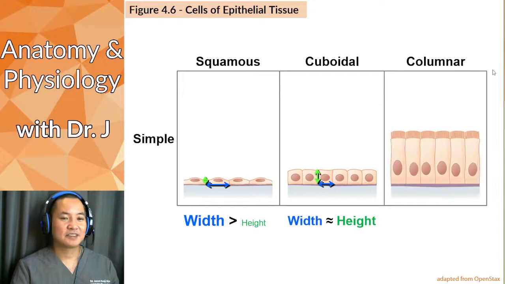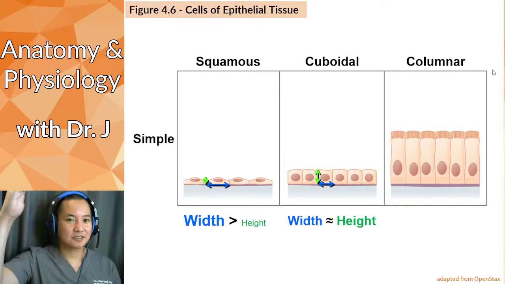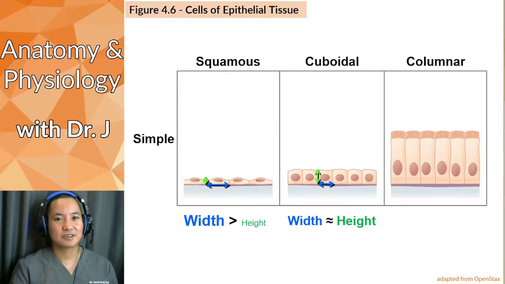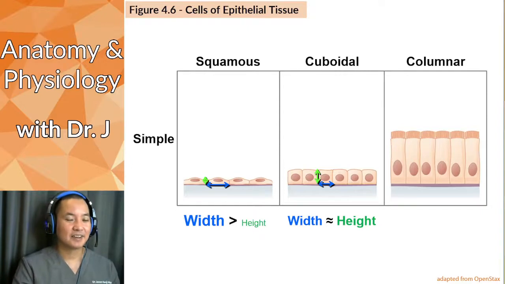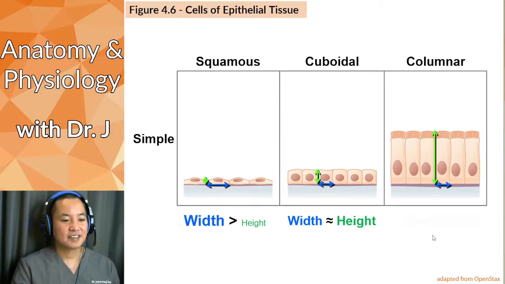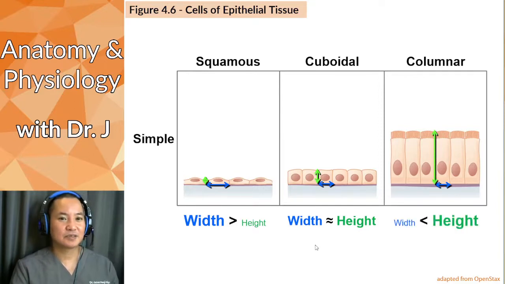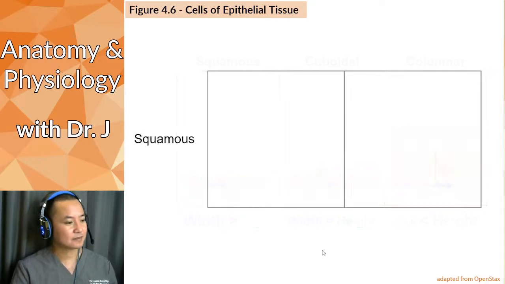Now with a columnar cell, a column is a tall structure, right? But is it going to be very wide? A columnar cell, instead of being flat, is going to be taller than it is wide. And that's the general difference between these three simple shapes of epithelial cells.